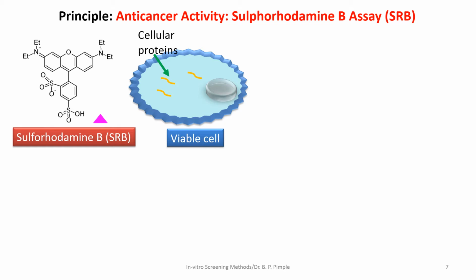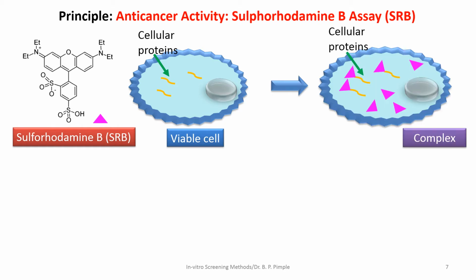Protein synthesis is on in living cells. So, if our test tube contains living cells and you add the dye, since the cells have protein, the dye goes and forms a complex with the proteins. Now, this is the complex. Along with that, the dye also gets accumulated in the cytoplasm or can even stick to the cell membrane.